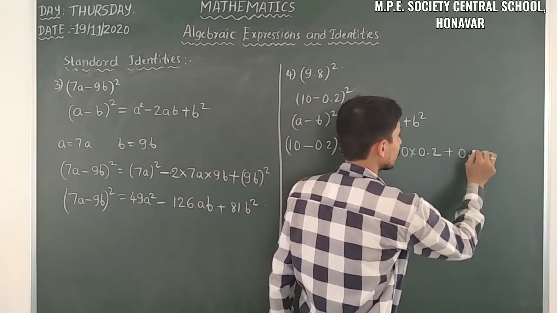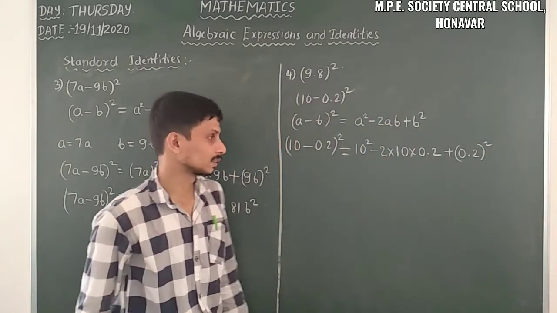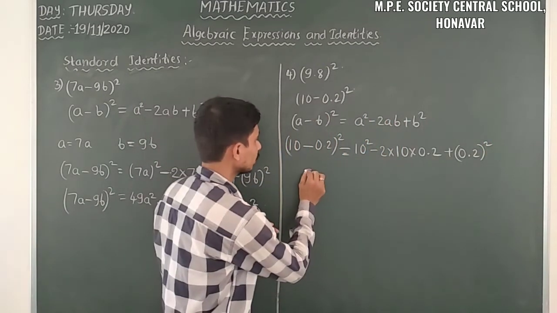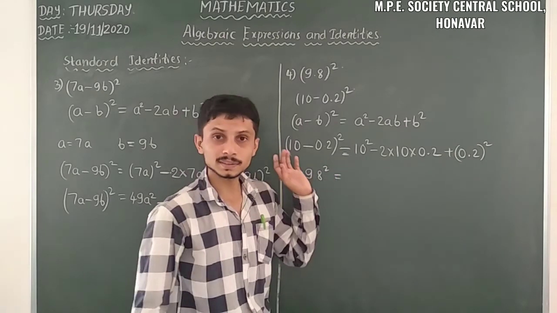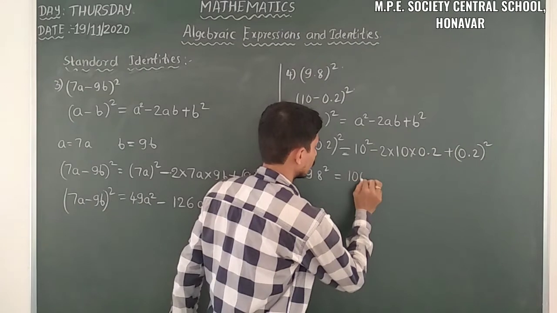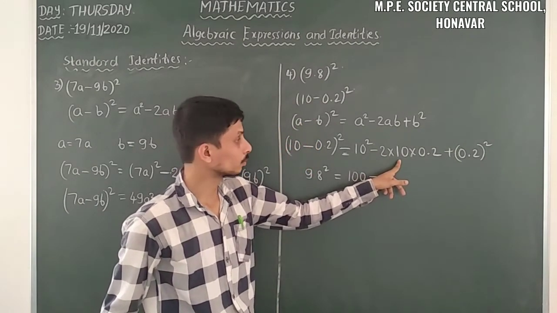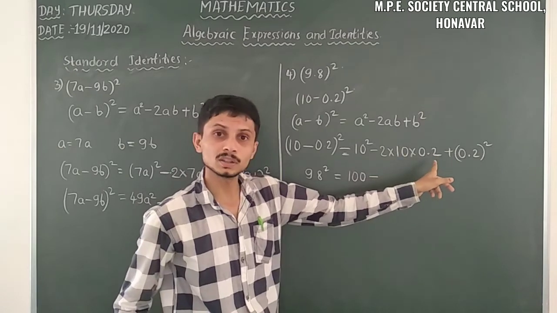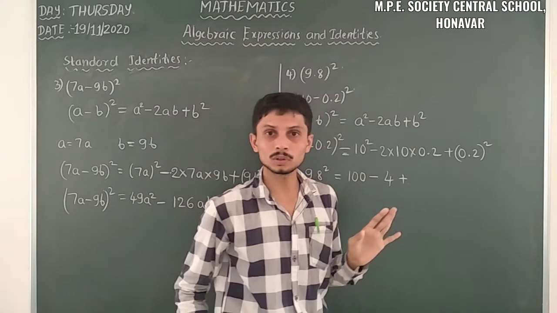So 10 square minus 2 into 10 into 0.2 plus 0.2 whole square. Then 9.8 whole square is equal to 10 square is 100 minus 2 into 10 into 0.2, that is 20 into 0.2 means 4, plus 0.2 whole square.